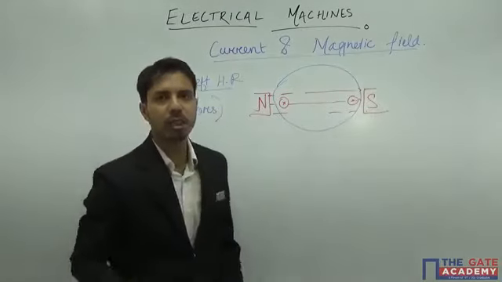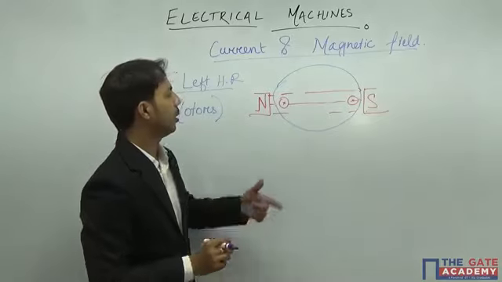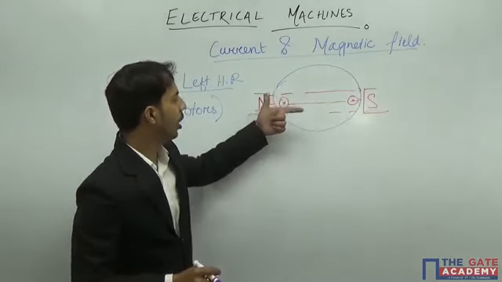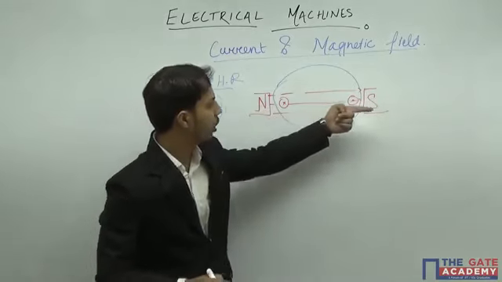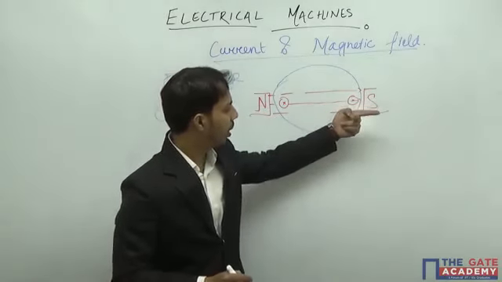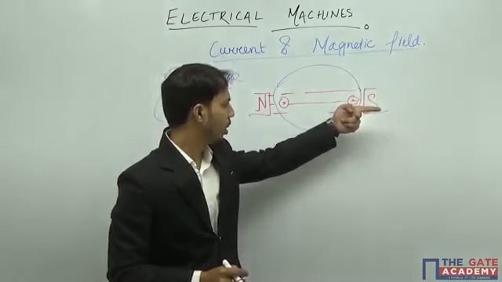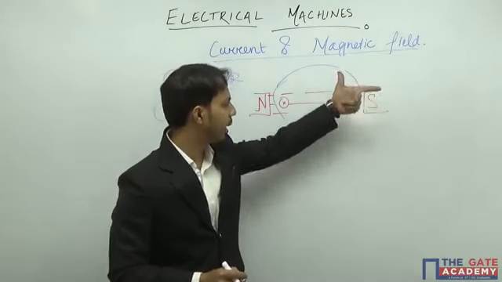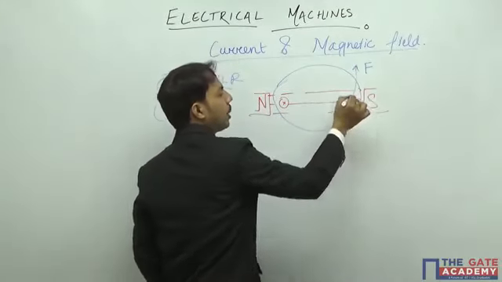So this is beneficial for finding the direction of rotation of my motors. So you see, this is the direction of the field, and this is coming out, so let us take this one. This will be the direction of my current, and this will be the direction of my force for this particular conductor.